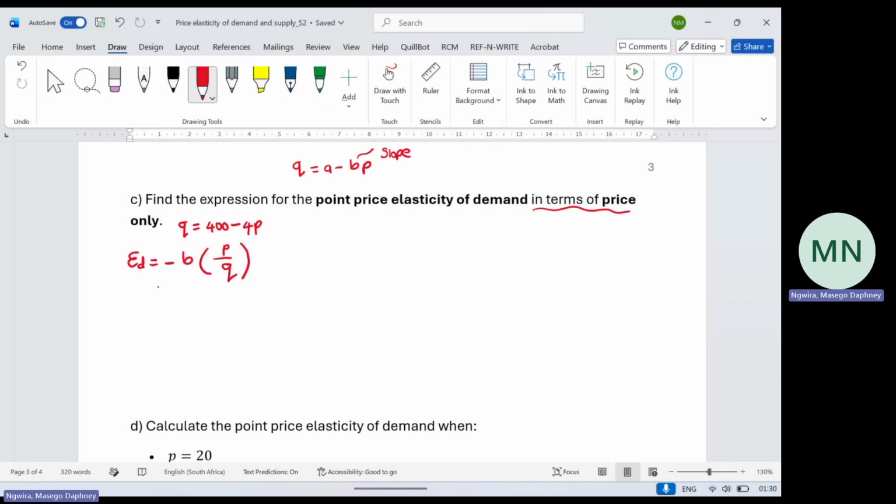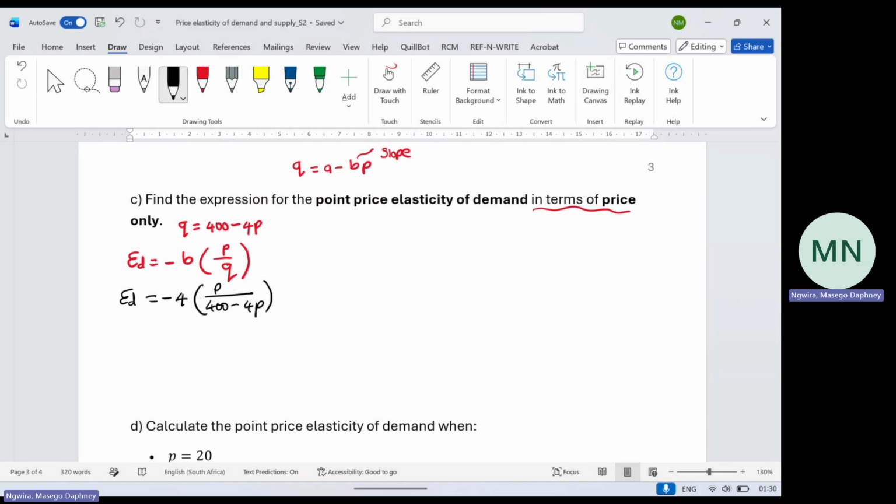So now we're going to substitute. So our ED is equal to -4, because our B is -4, open bracket, P over our Q, which is 400 minus 4P. This is our ED in terms of P. So that's our answer.